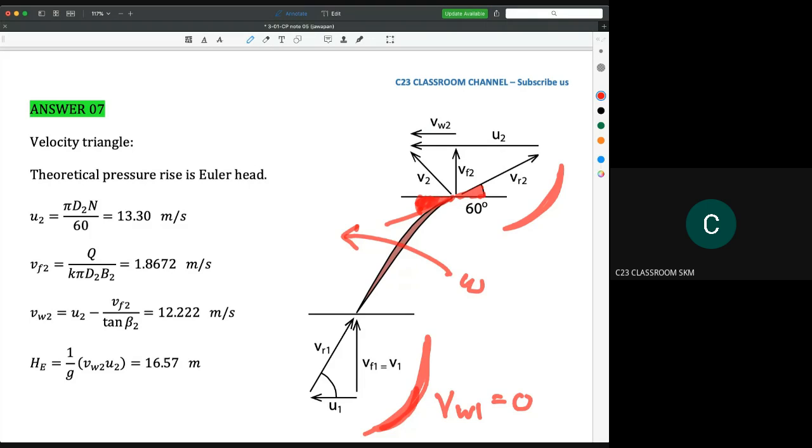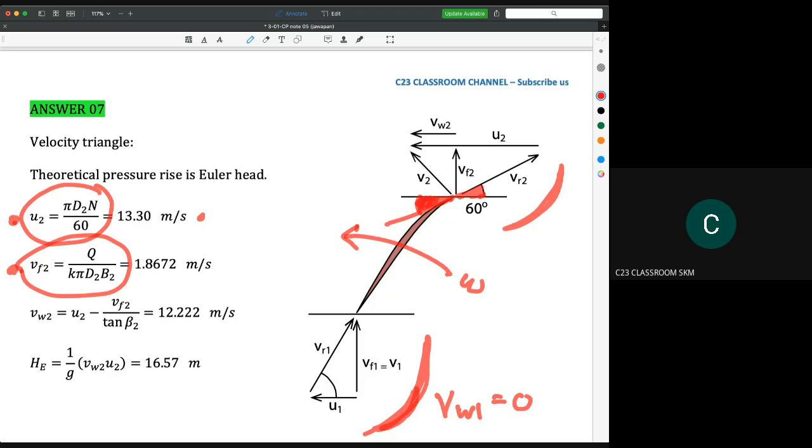We need to draw the velocity triangle, and then calculate the theoretical pressure rise, which is the Euler head. So we could calculate U2 here based on this equation, pi D N over 60, and we get it is equal to 13.30 meters per second. We also calculate the value of VF2 according to this equation, and we get 1.8672 meters per second.